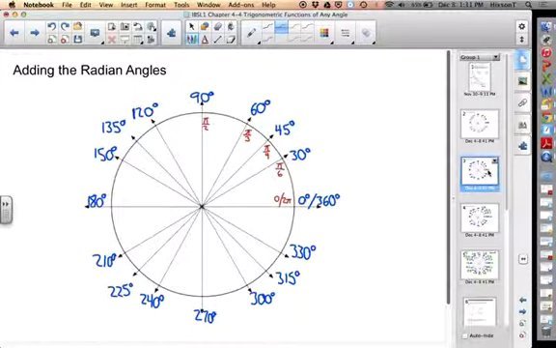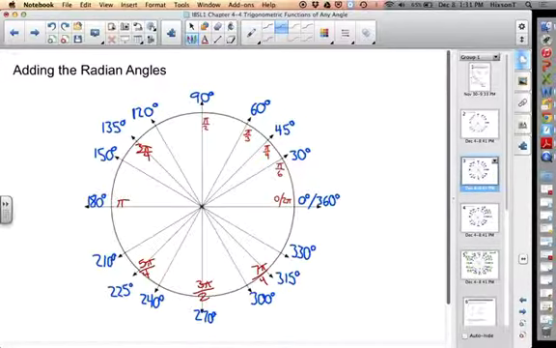Then over here at the 135, it's 3 pi over 4. And then 4 pi over 4 is just pi. Down here is 5 pi over 4. 6 pi over 4 will reduce to 3 pi over 2. And then 7 pi over 4. And then 8 pi over 4 would reduce to 2 pi.